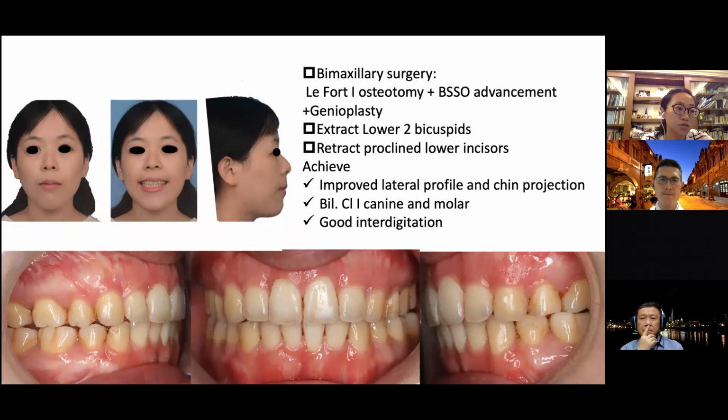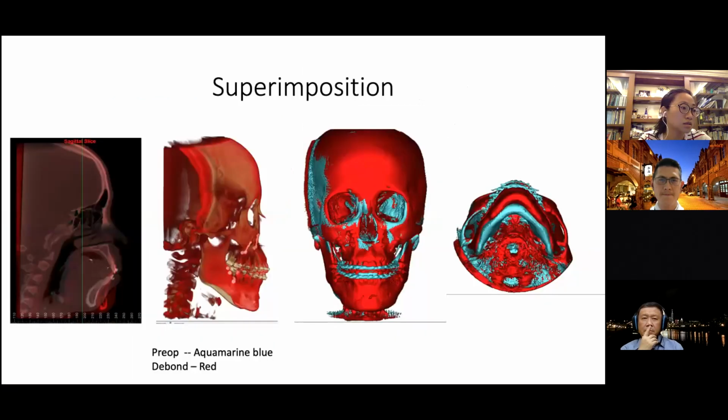She was treated with bimaxillary surgery, including a 4-1 osteotomy, BSSO advancement, and genioplasty. We retracted the proclined lower incisors and achieved an improved lateral profile and chin projection, with bilateral canine and molar class 1 and good interdigitation. This is her superimposition. The blue one is the pre-op and the red one is the final.